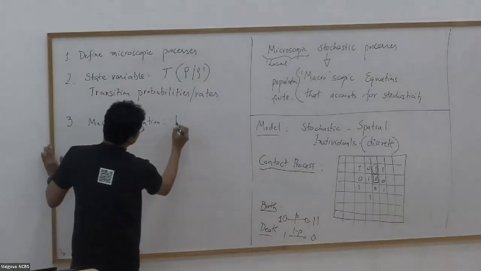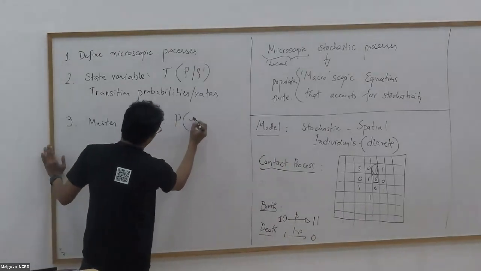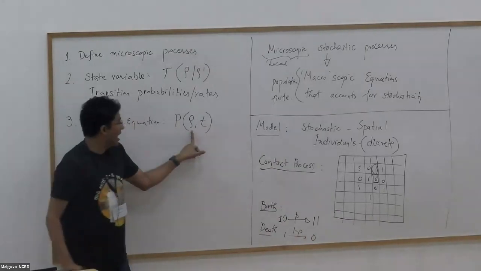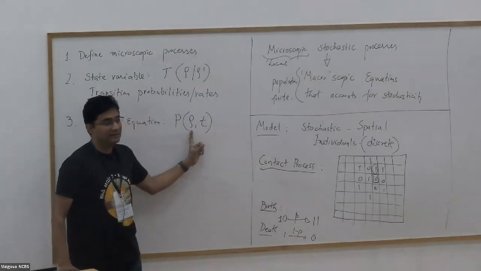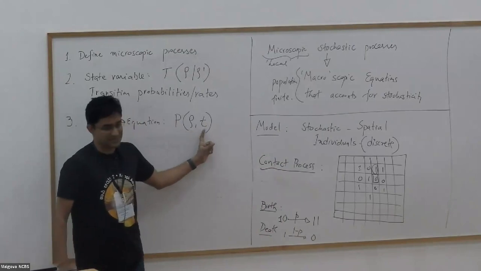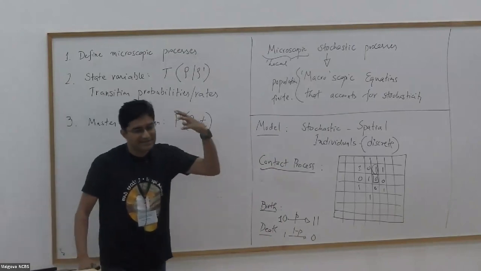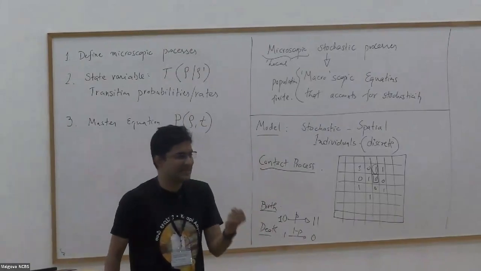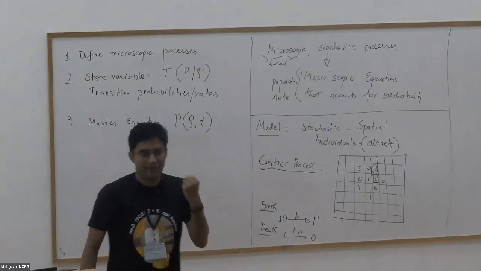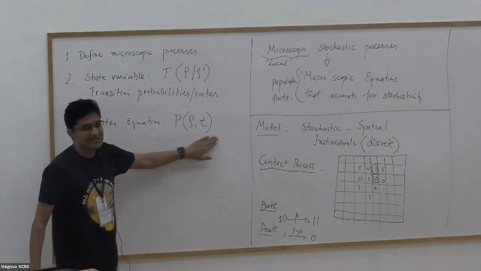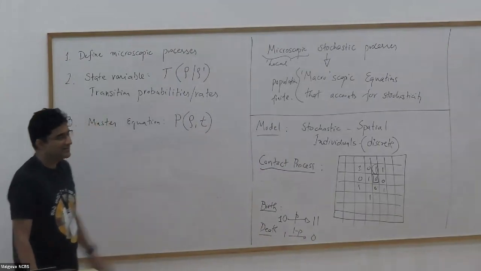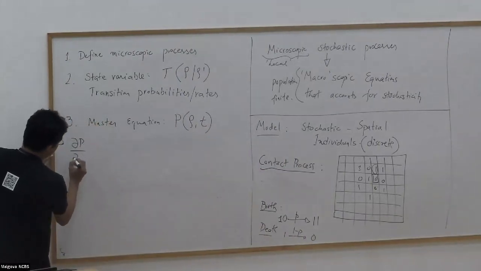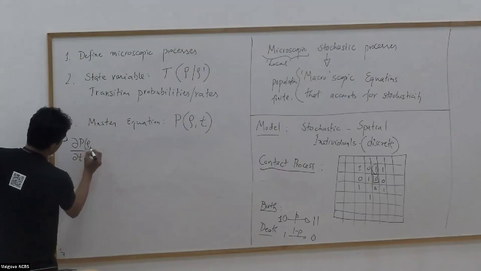What we are interested in is the probability of having the density at time t, given that I had some initial density at time t equal to 0. Given that, how does the state variable change with time? And this is basically given by the master equation. This is a partial differential equation.